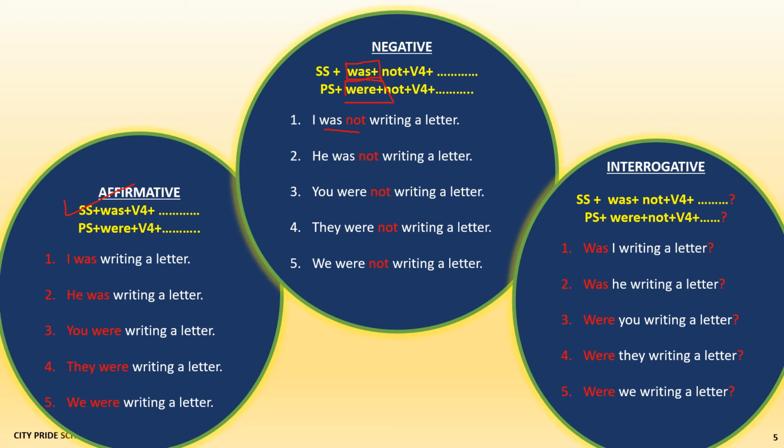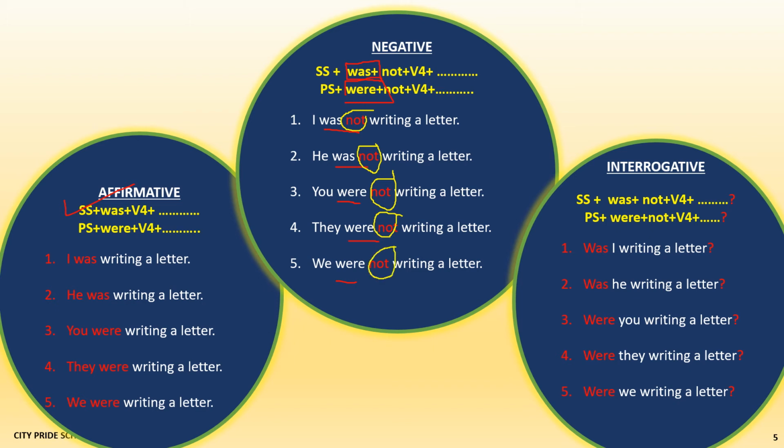The helping verbs in these sentences are was, were, were, were, and we've simply added the negative word not after it. So we have changed the affirmative sentences into negative just by inserting not after the helping verb. We were not writing a letter.